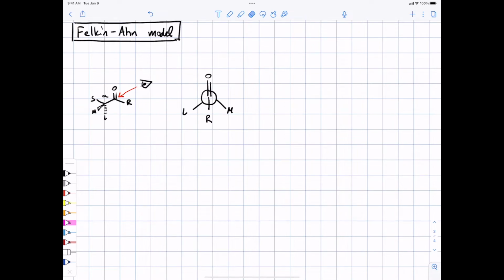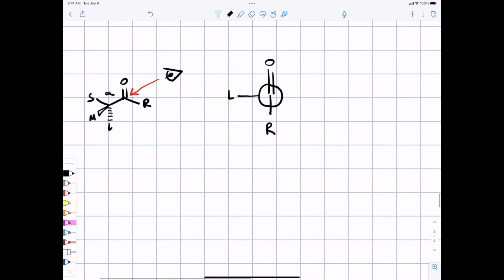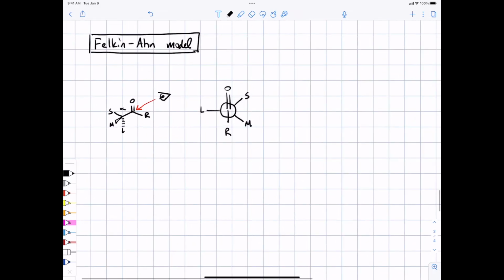It's thought that the best conformation for that stereocenter is to put the largest group here, perpendicular to the carbonyl. With the configuration of the stereocenter that we have, that would put the small group here and then the medium group there.